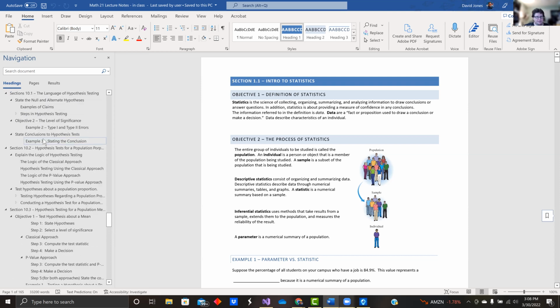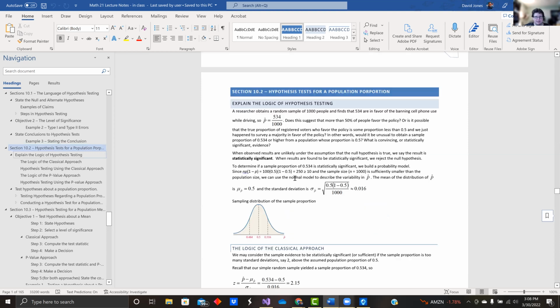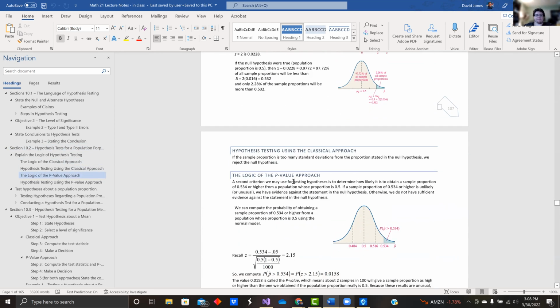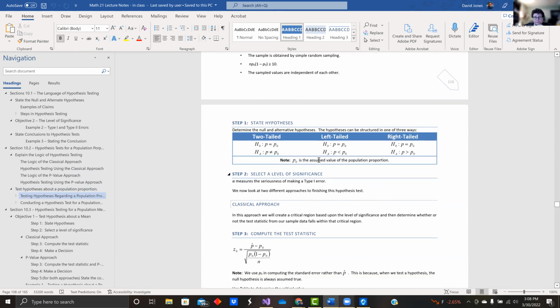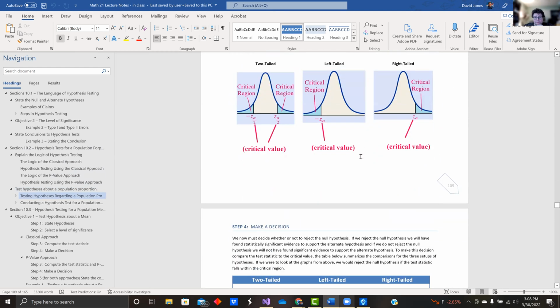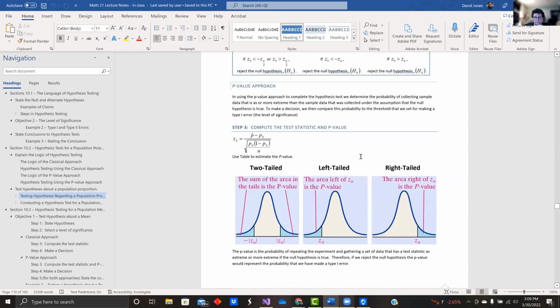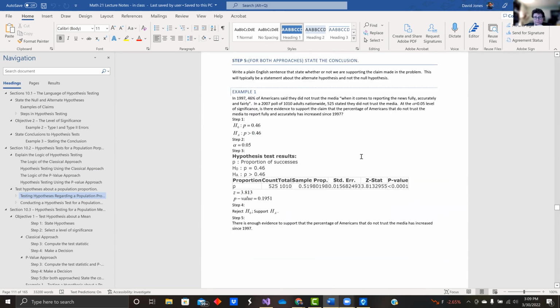I got some good problems here. So I'll write down this next problem. Let me enlarge it.